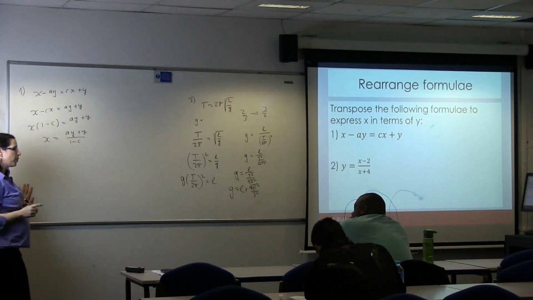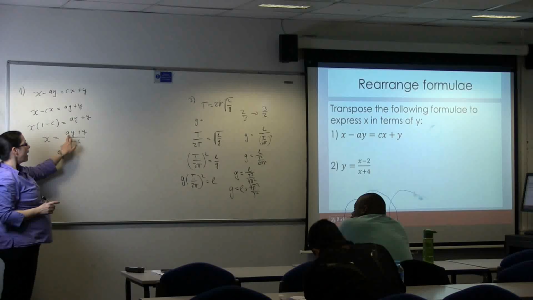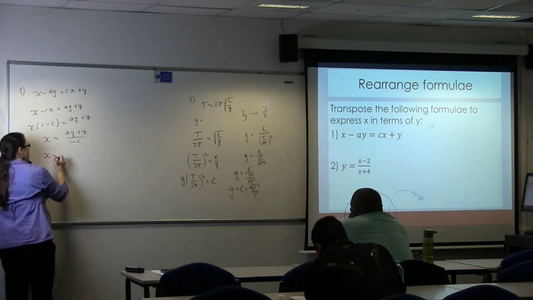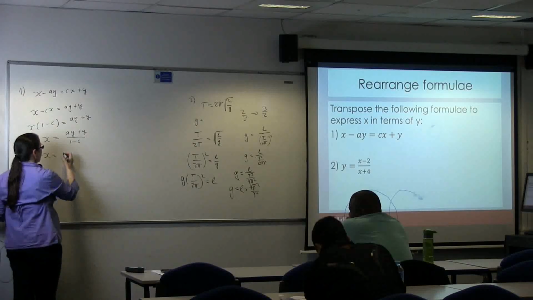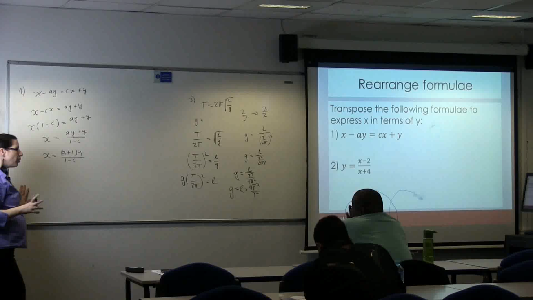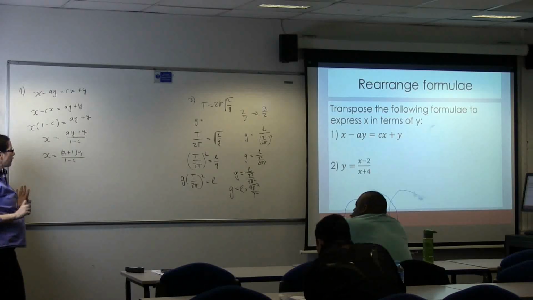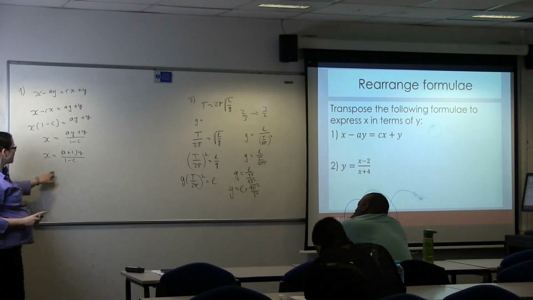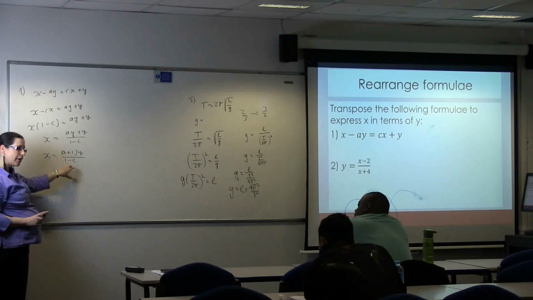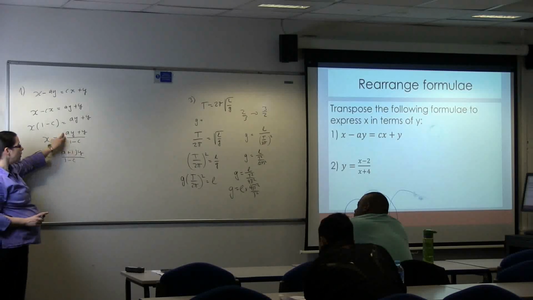But what I also spot is that actually y is a common term in the numerator. So I can actually do one step more and say, okay, this is a plus 1 times y over 1 minus c. And that could be useful, because if you wanted to compare how x changes depending on the different values for a and c, in this scenario you might see it easier than in here.